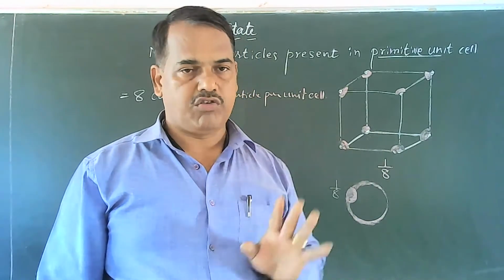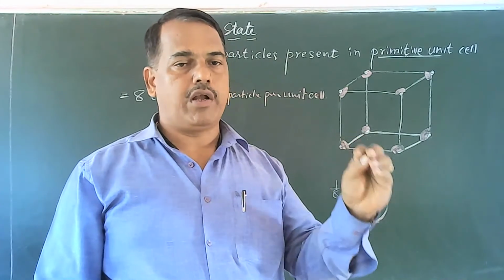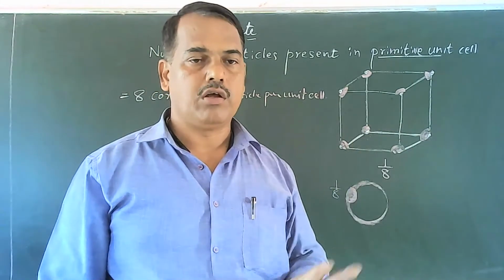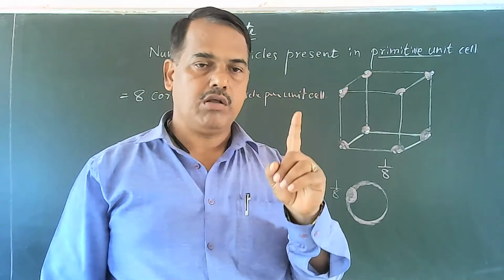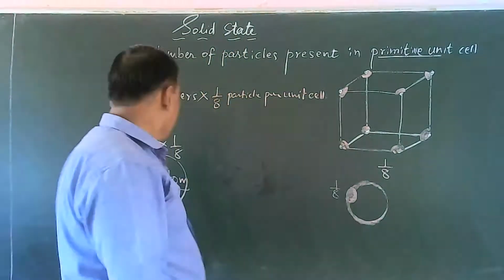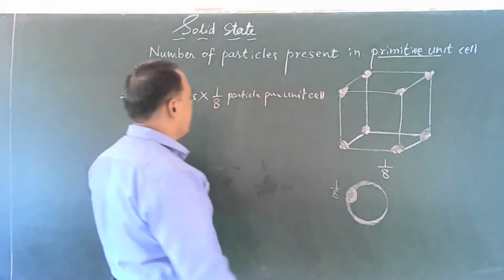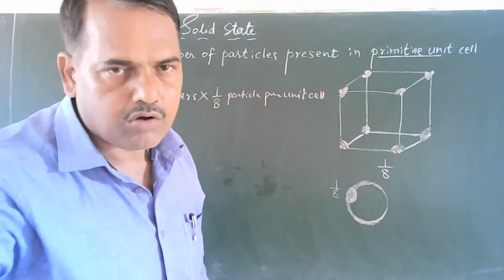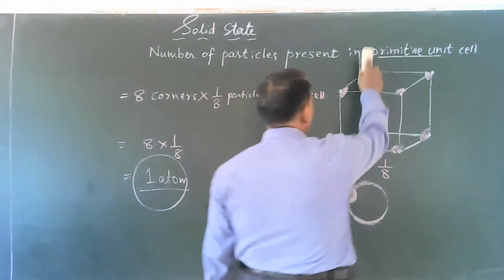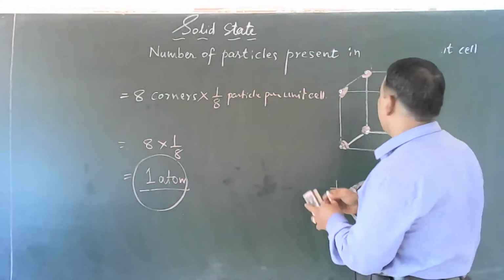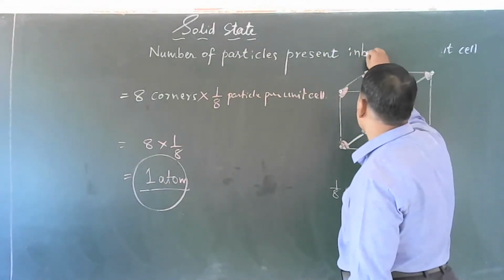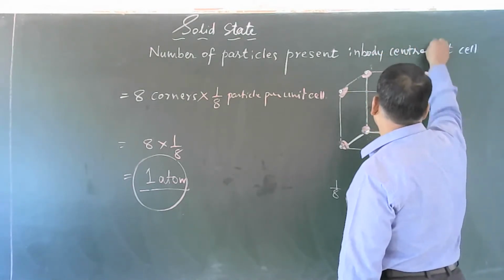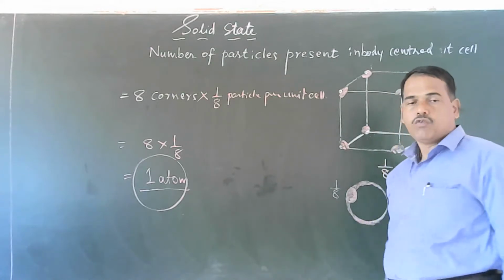You may get one more question: the total number of particles present in a primitive unit cell or simple unit cell, how much is it? It is nothing but 1. Then again, we shall go for the total number of atoms in body centered units.